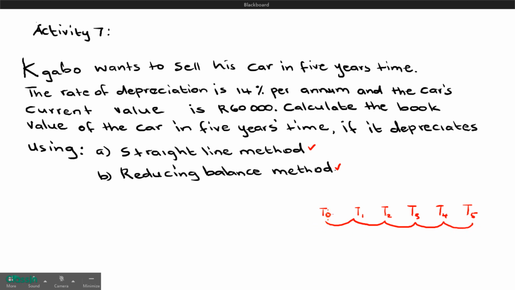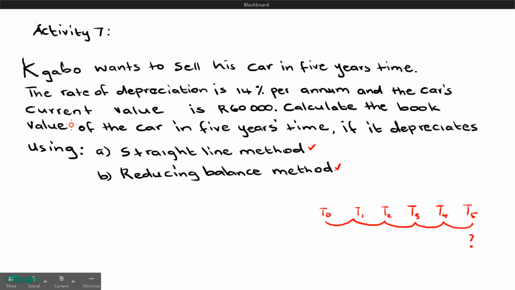So we start at 0 here. In this instance, this person wants to sell his car after 5 years. So meaning that he wants to know how much his car will cost when he sells it in the 5th year.